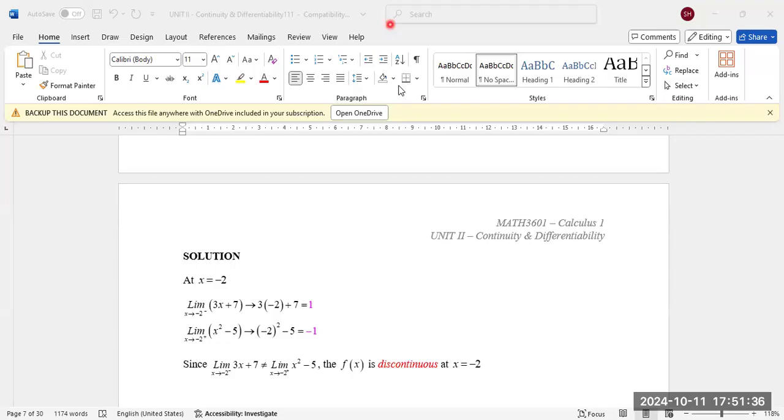Sir, because the left hand limit and the right hand limit were not equal. Okay, so they're not equal, but what is the left hand limit equal to? The left hand one was -3, and the right hand was 0. Good job. You did very well. Congrats. Big up yourself.